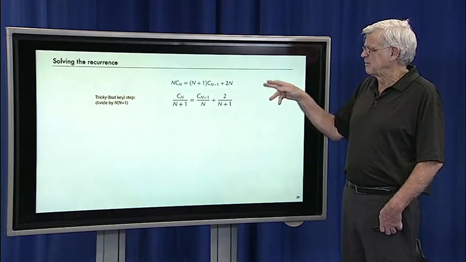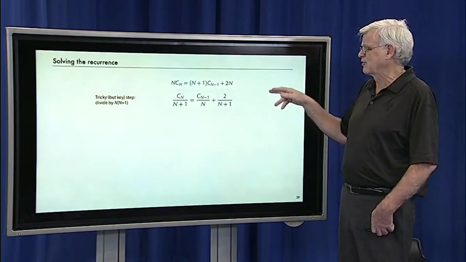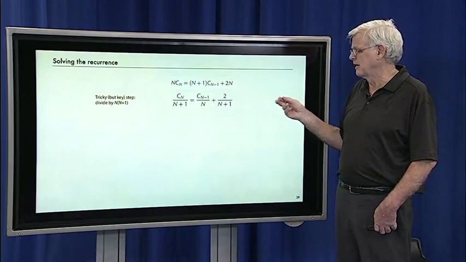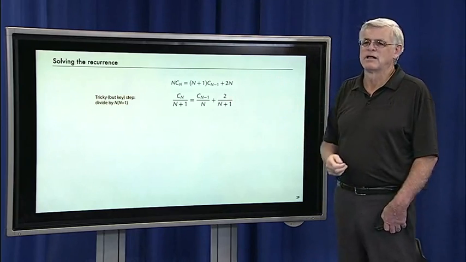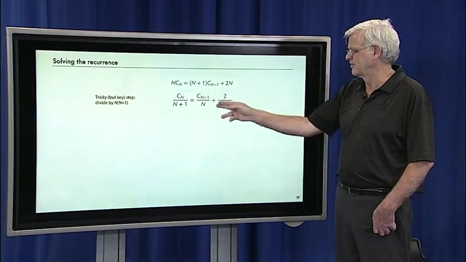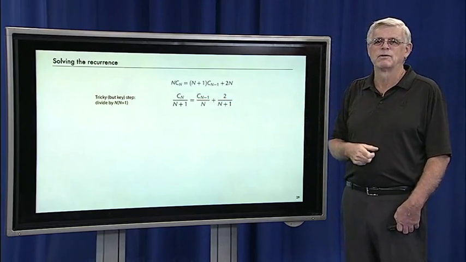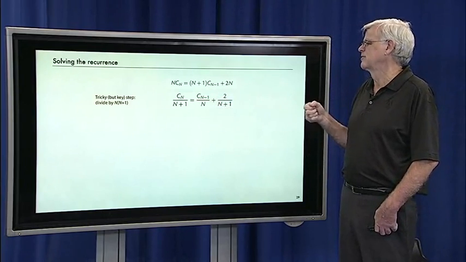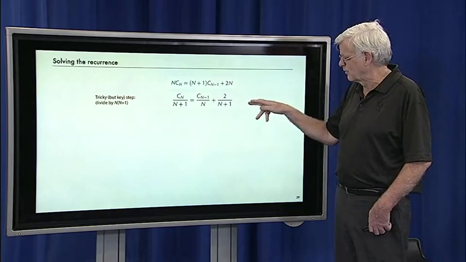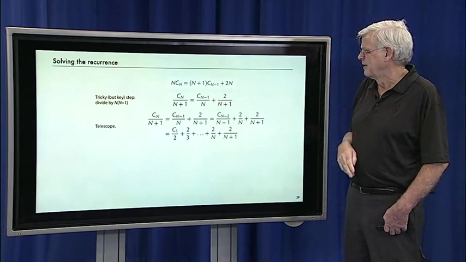That looks like a little bit more complicated form, but it's actually a much simpler form because the first term on the right is the same as the term on the left, just with n reduced by 1. And what that means is we can apply this same formula to that term.